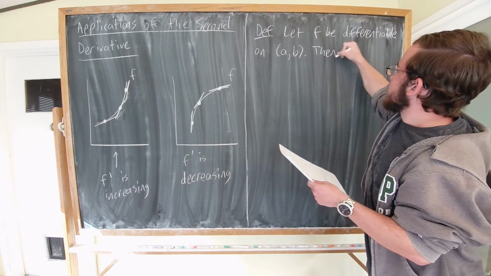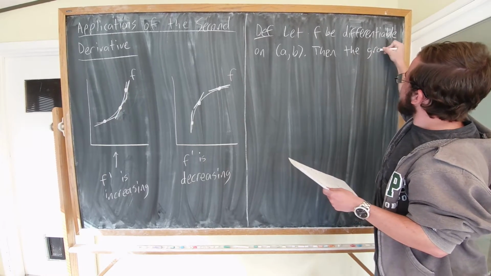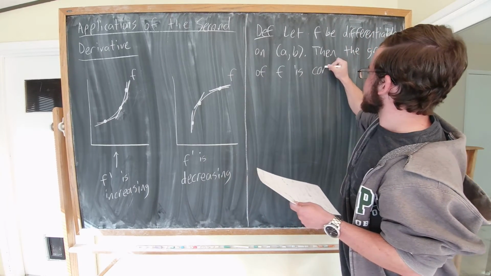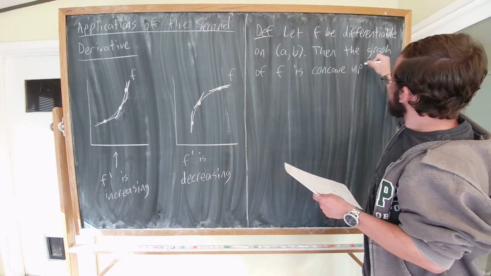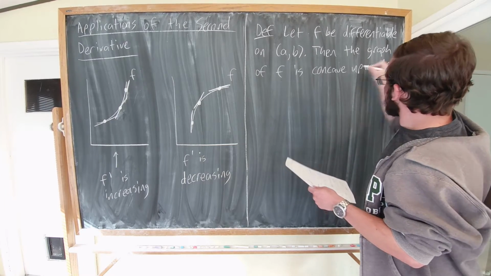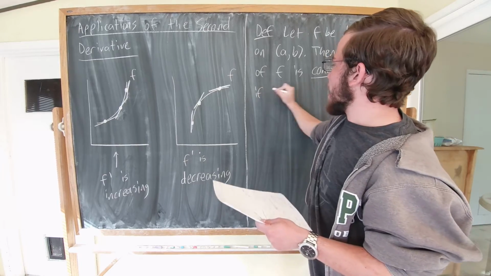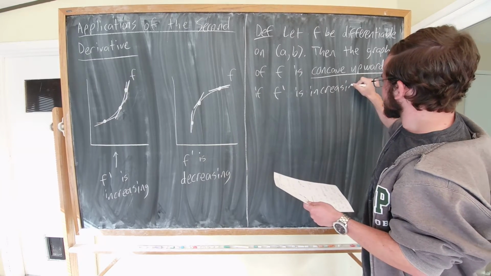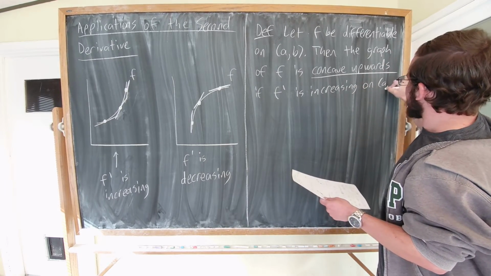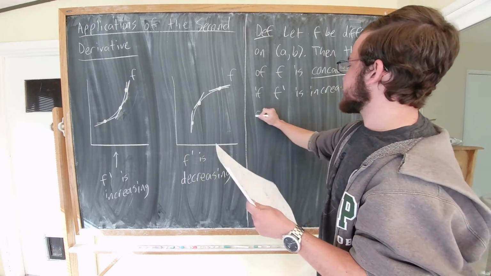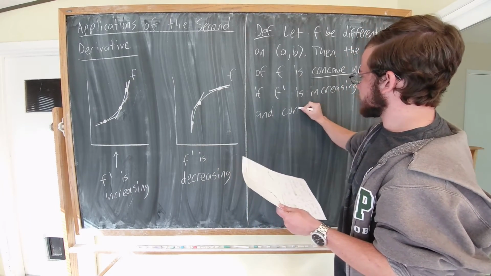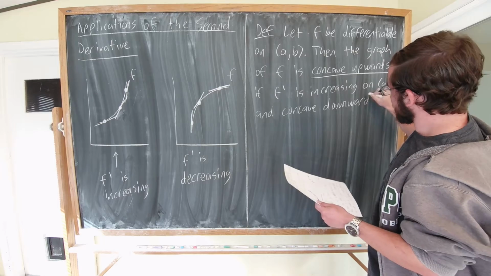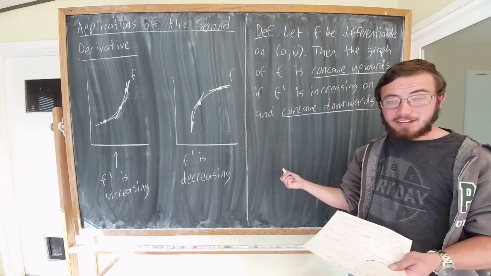Then we say that the graph of f is concave upwards if f prime is increasing on a to b, and concave downwards if f prime is decreasing on a to b.